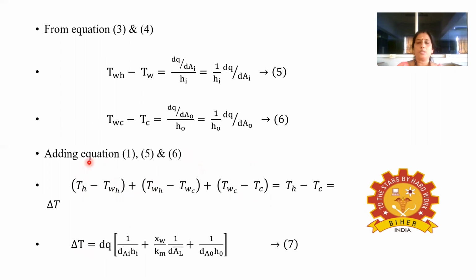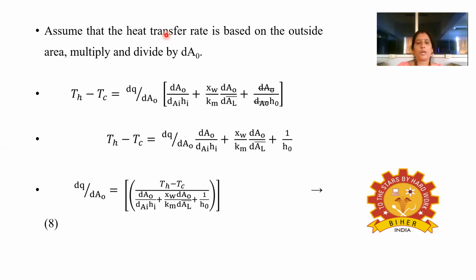If we substitute those equations, then del T is equal to dq times 1 by dAi hi plus xw by km dA L bar plus 1 by dA naught into h naught. This is the equation. Now we have to multiply and divide the equation by dA naught, inside and outside.